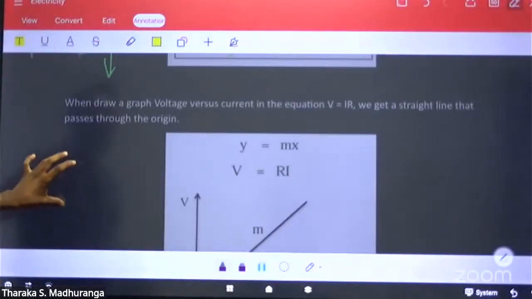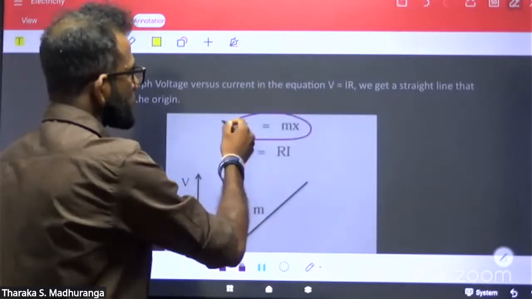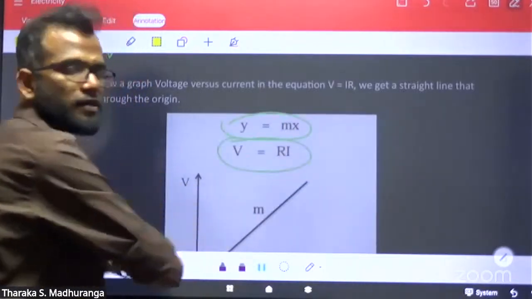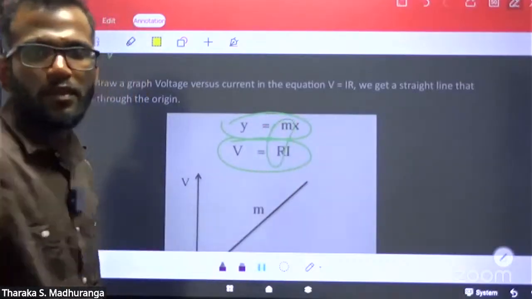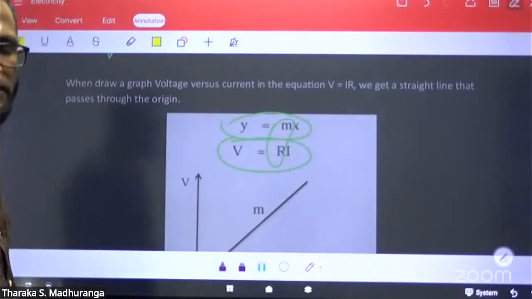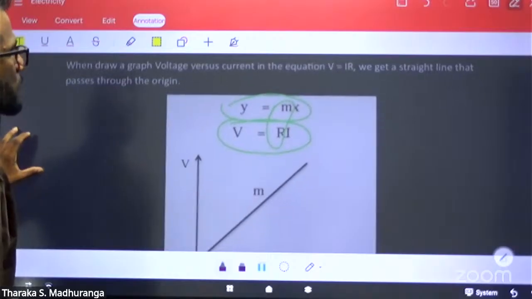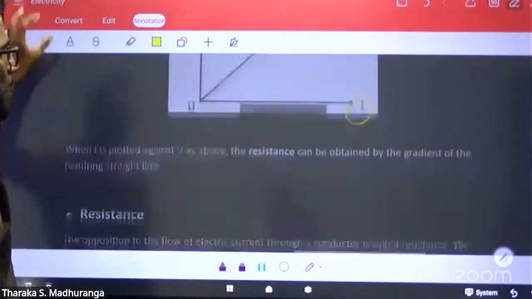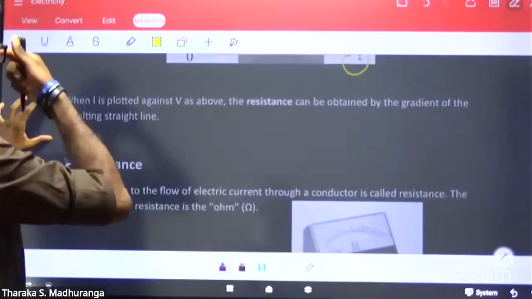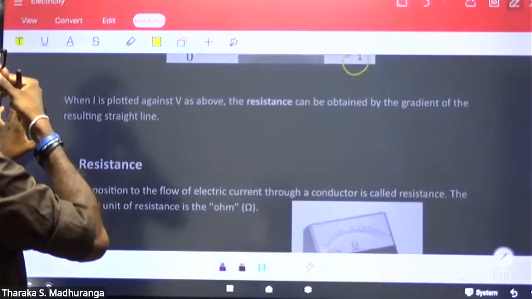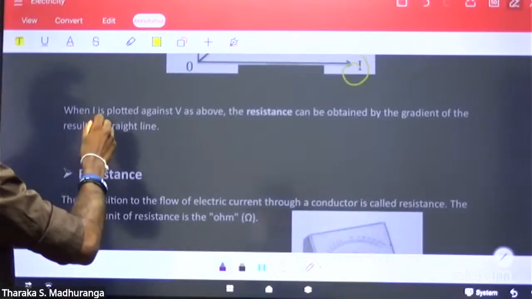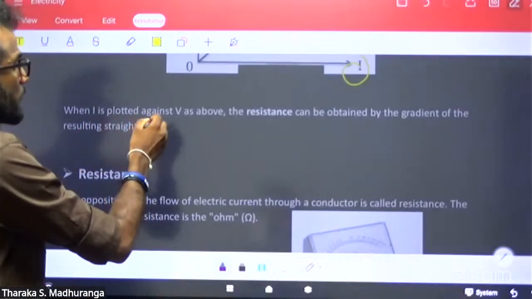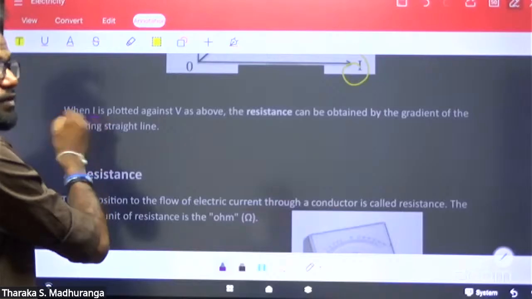Yeah, that I have given. y equals mx, V equals RI. Then m is equal to R. This is when I is plotted against V. I mean the current, okay?